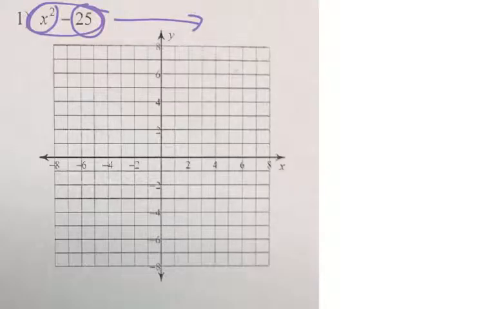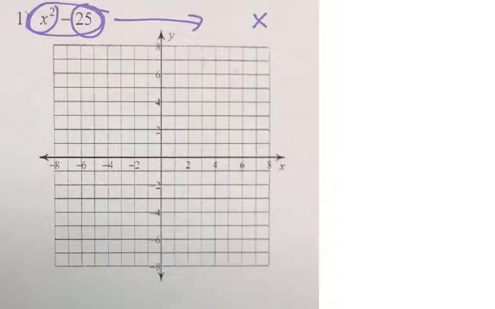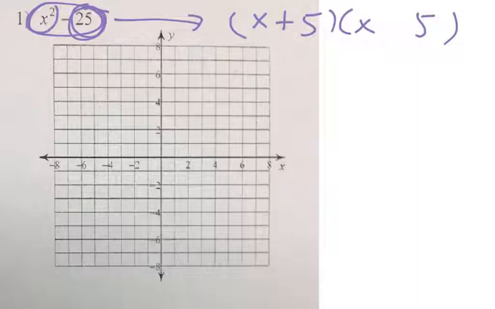So if you remember the pattern that we used here, well, wouldn't it just simply be x times x for x squared? Wouldn't it be 5 times 5 for the 25? And finally, we're going to make 1 a plus and 1 a minus.